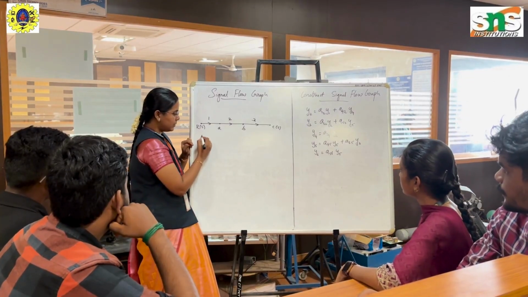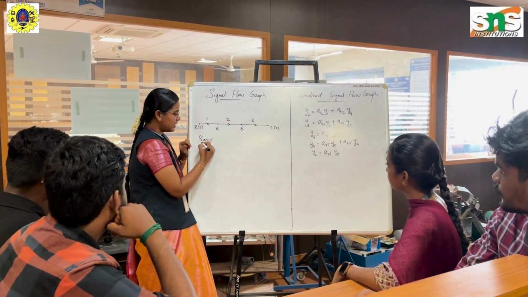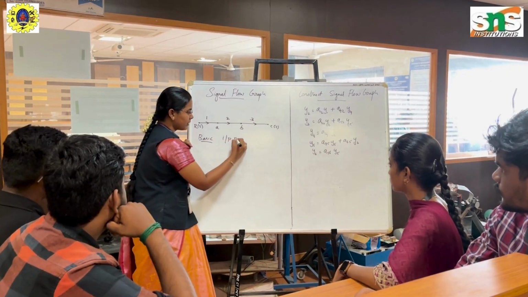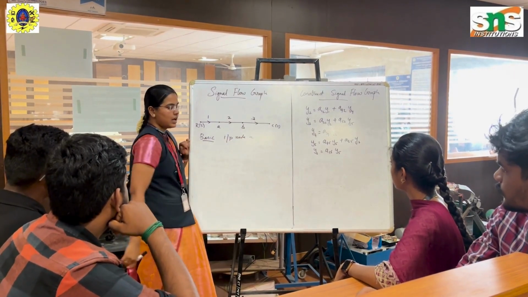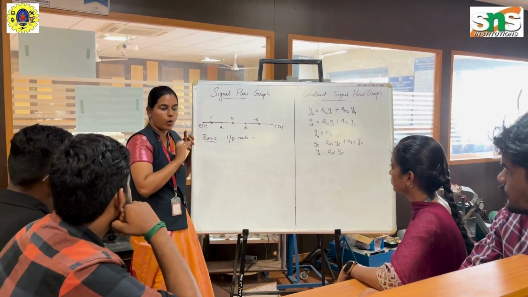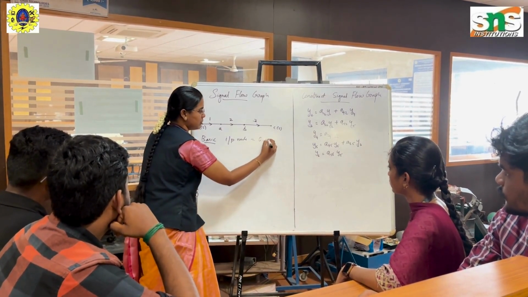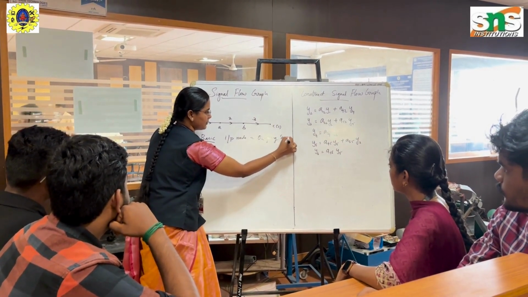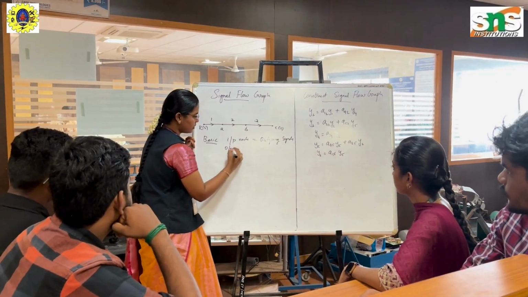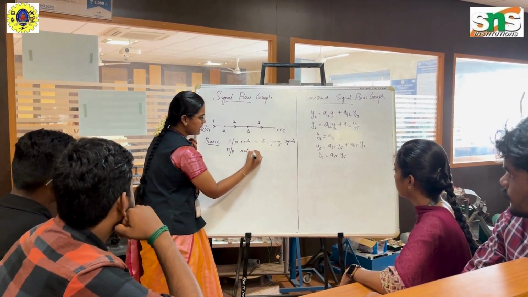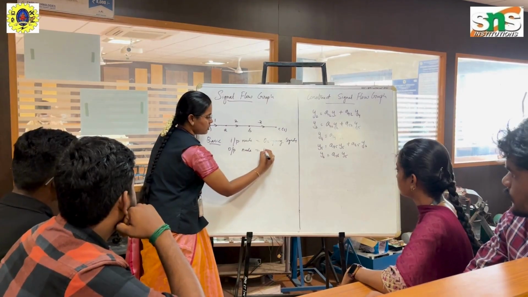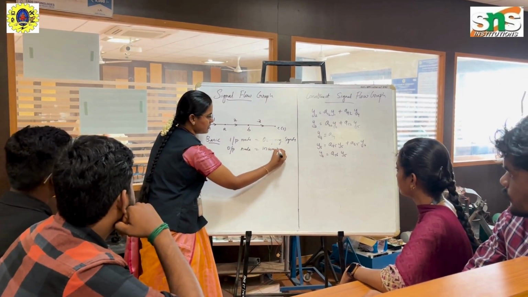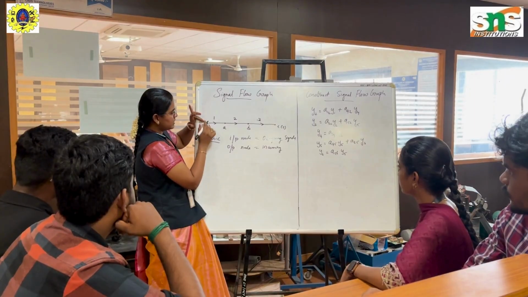Here we have the basic notations, like the input node. An input node is a node which has only outgoing signals. An output node has only incoming signals.